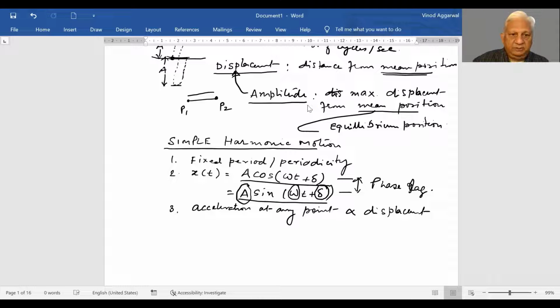What it means is, let us say a particle started from here at t is equal to 0. At t1, it reaches here. The displacement is this. Then the acceleration on this particle will be proportional to how far it is from the equilibrium position, right?